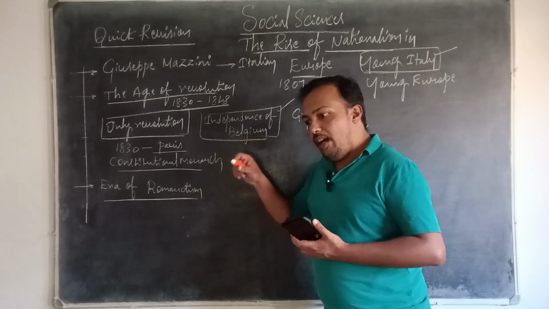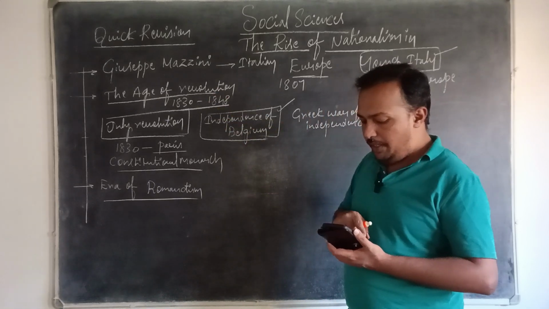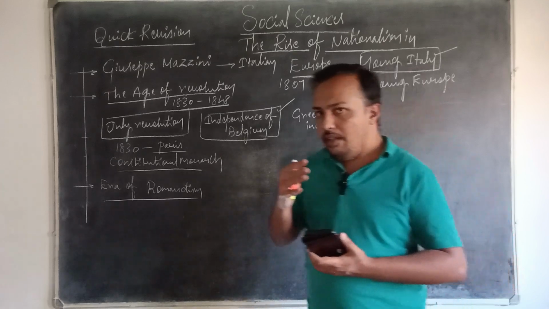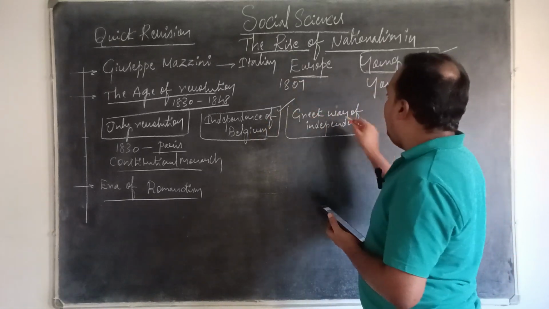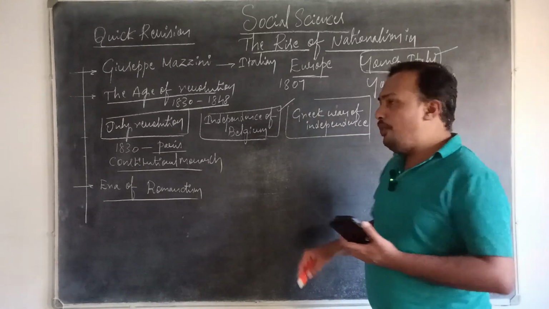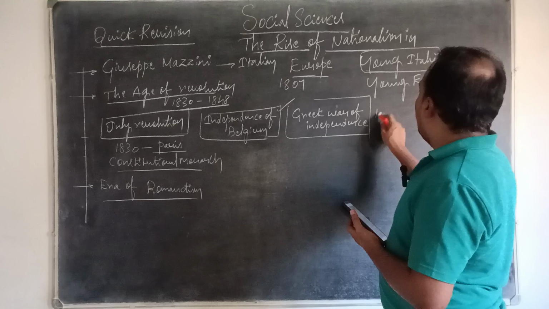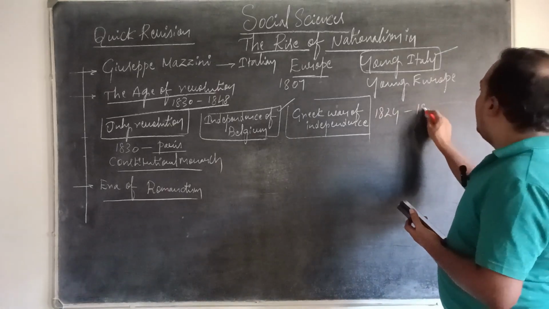That is another event given under the age of revolution. Number three, very important, is the Greek War of Independence, waged from 1824 to 1832.